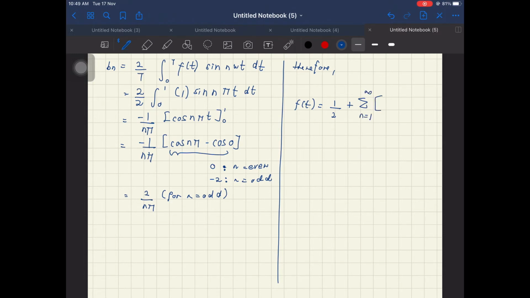where f(t) equals to 1 over 2 plus summation of n equals to 1 to infinity of 0, why 0? Because an just now you got 0, plus 2 over n pi sin n omega t for n equals to odd.